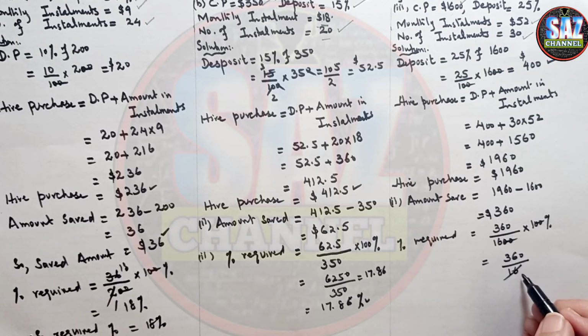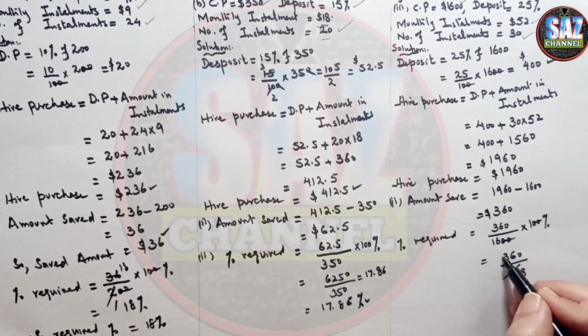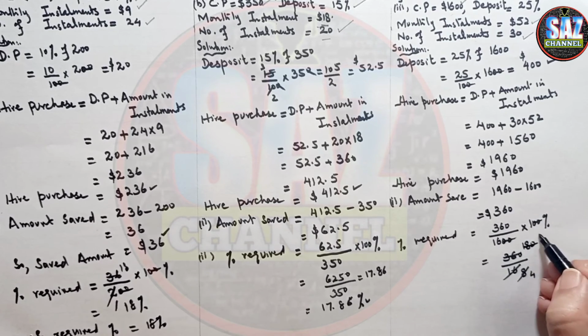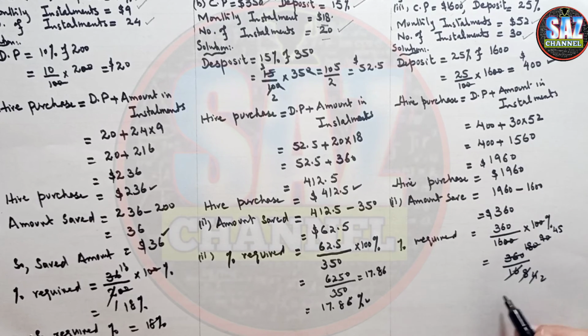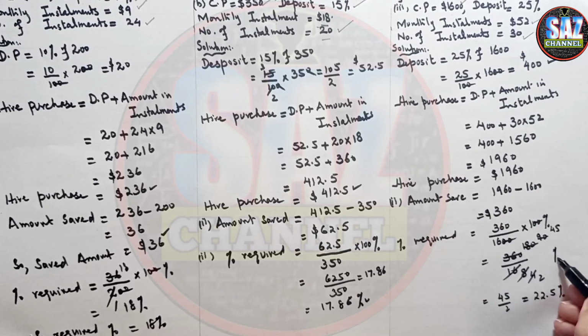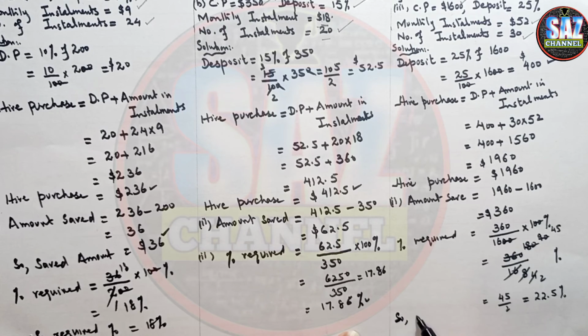Okay, both are even numbers. 2 8s and 2 18s, 2 4s and 2 9s, 2 2s and 2 45s. 45 by 2, I hope this will give me 22.5. So the percentage of the amount that I can save is 22.5%.